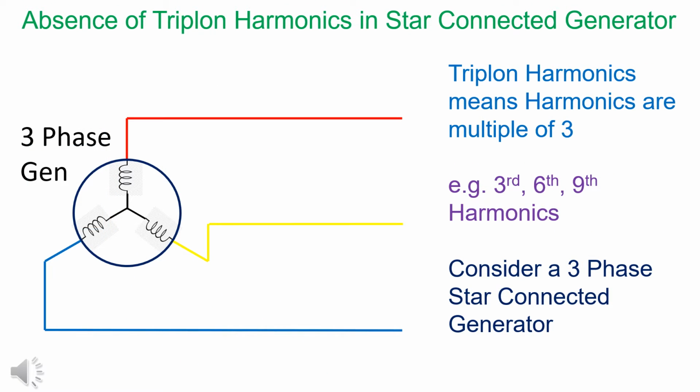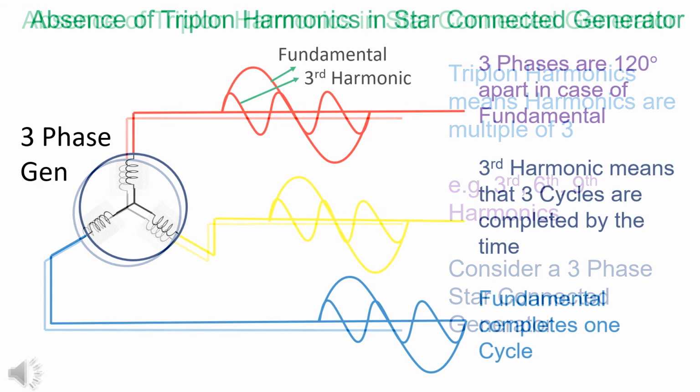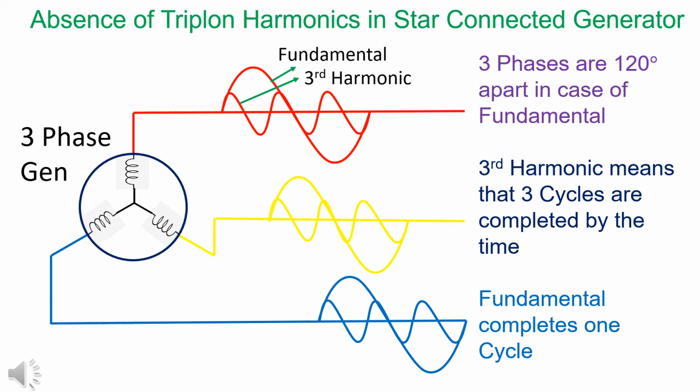Let us examine the third harmonic. Third harmonic means that these are running 3 times faster. By the time the fundamental completes one cycle, these complete 3 cycles.